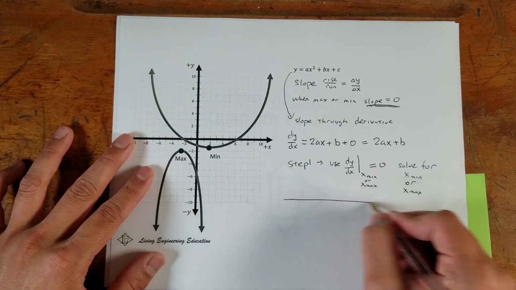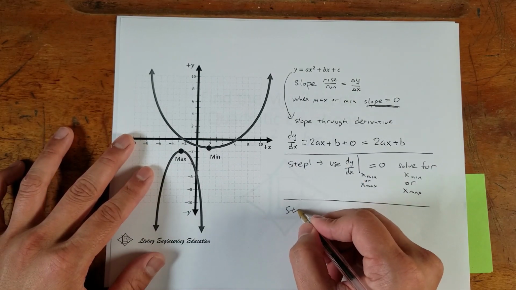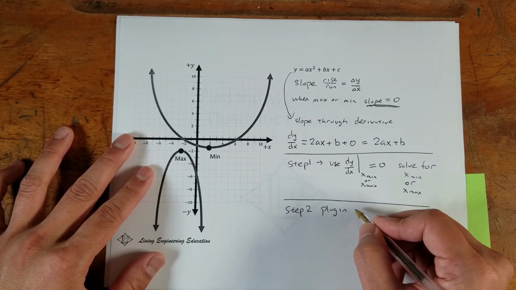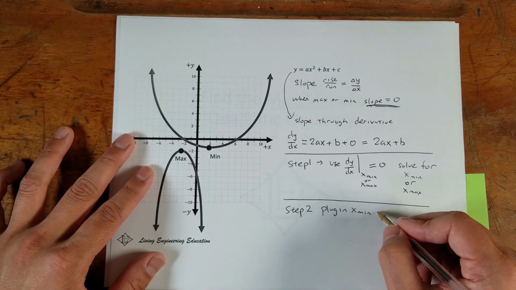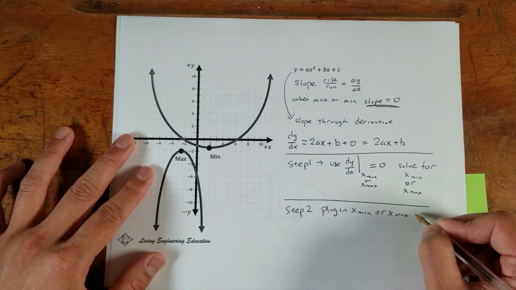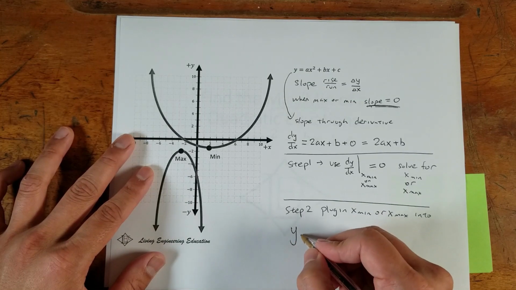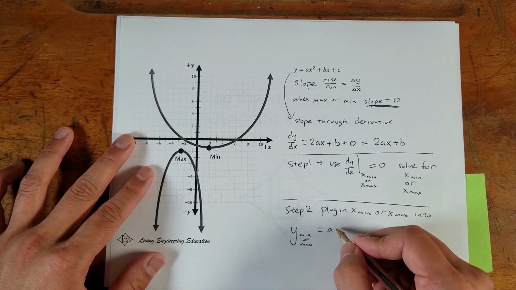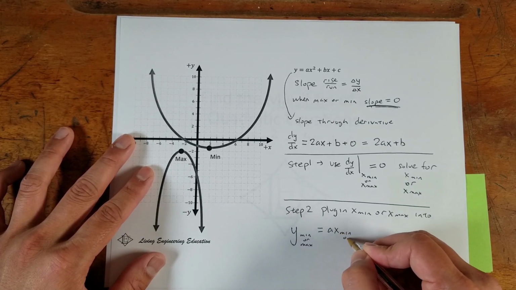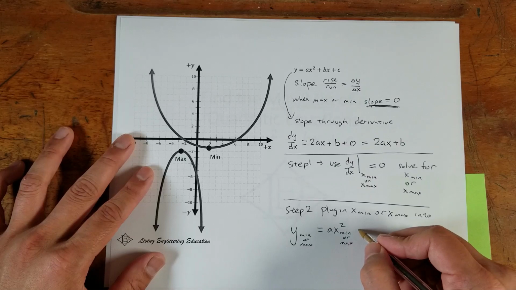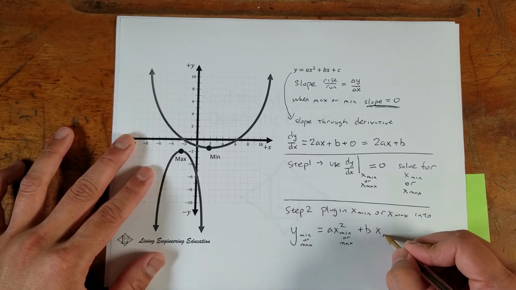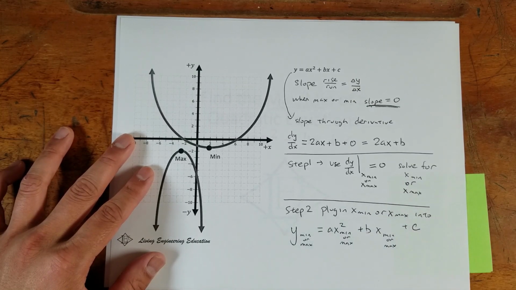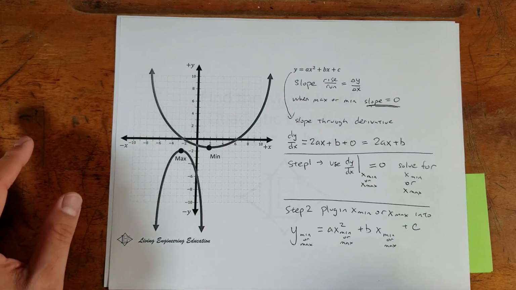Once you're done with that step, we can use the quadratic equation and plug in x min or x max into y min or max equals a times x min or max squared plus b times x min or max plus c. So relatively straightforward process.